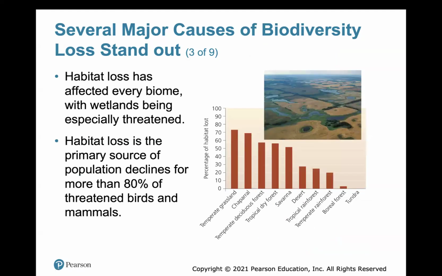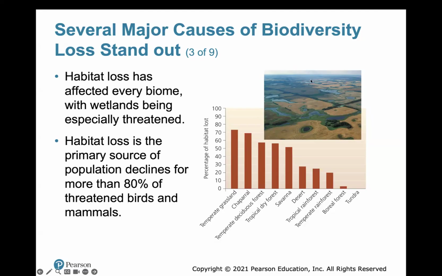Habitat loss has affected every biome, whether it's wetland or terrestrial. Here it shows the percentages of habitat lost, 0 to 100, for the different types of biomes that we covered. And this shows how much is being lost to human use.